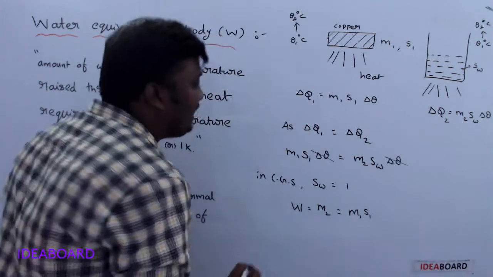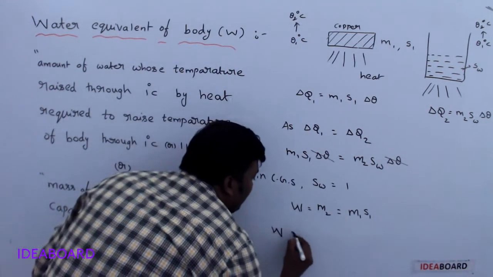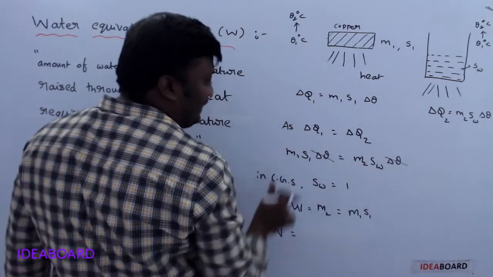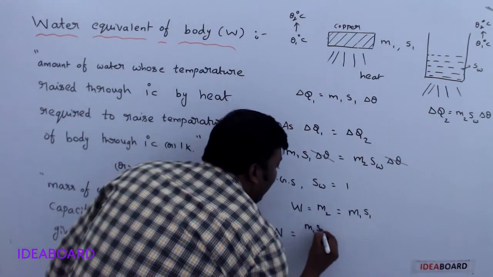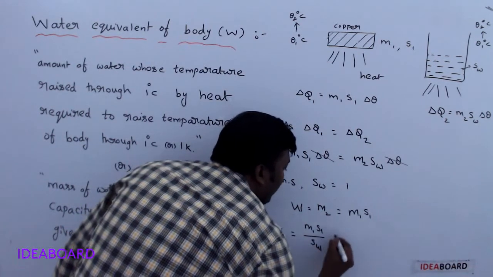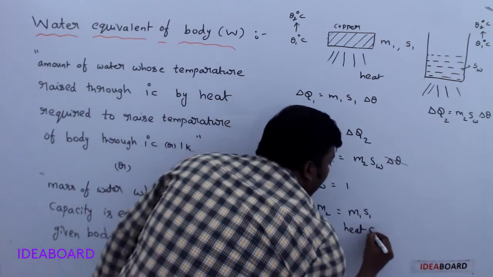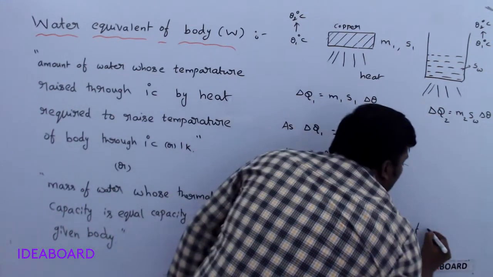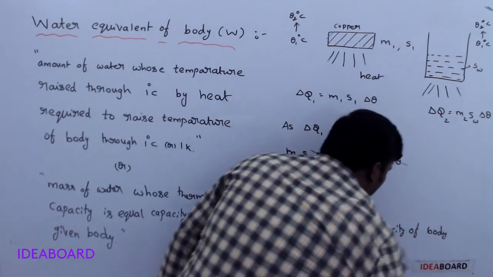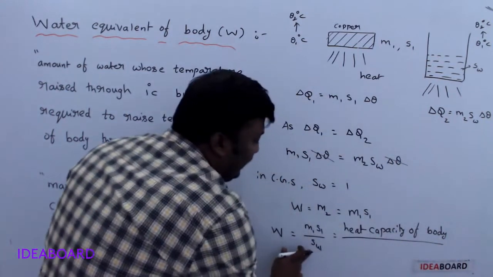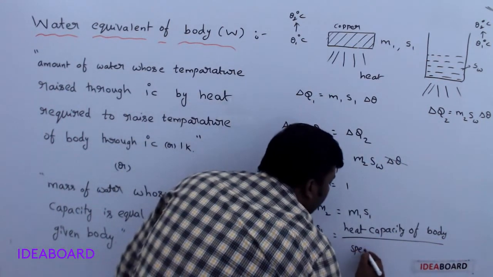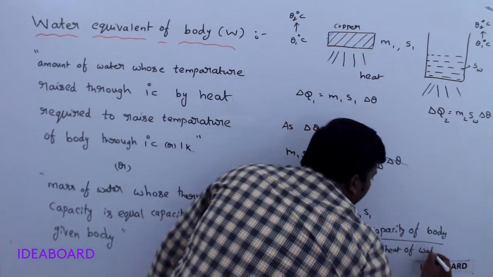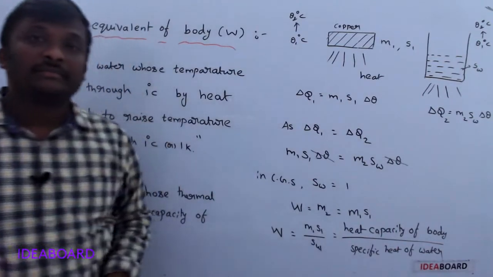Is it clear? In SI units, W can be written as m2, with S water taken to this side, then m1 S1 by S W, which is nothing but heat capacity of the body by specific heat of water. Understand?